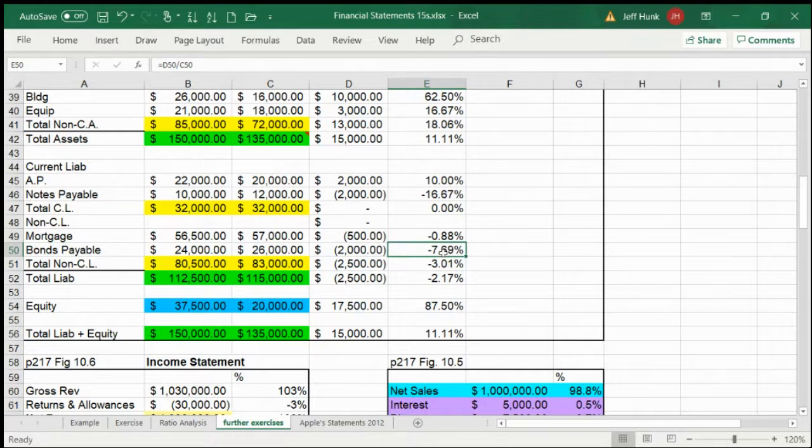Because look at the equity. All this decrease in liabilities is more than offset by the increase in equity, right? So in other words, even from the cash flow perspective, you're not necessarily seeing lower liquidity, lower cash flow.